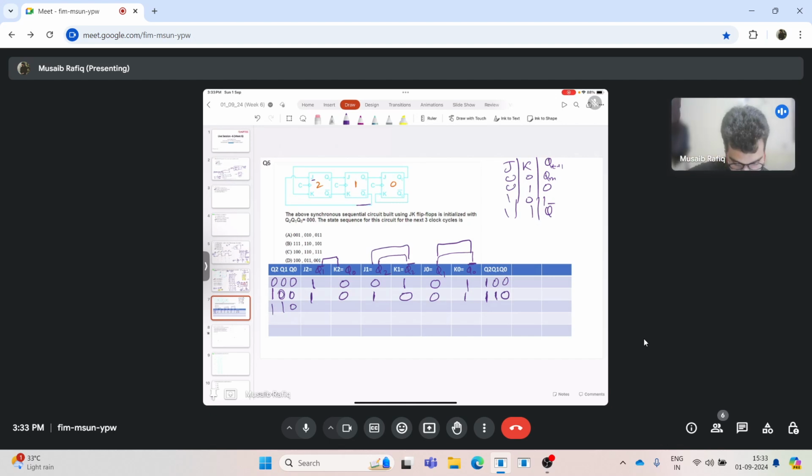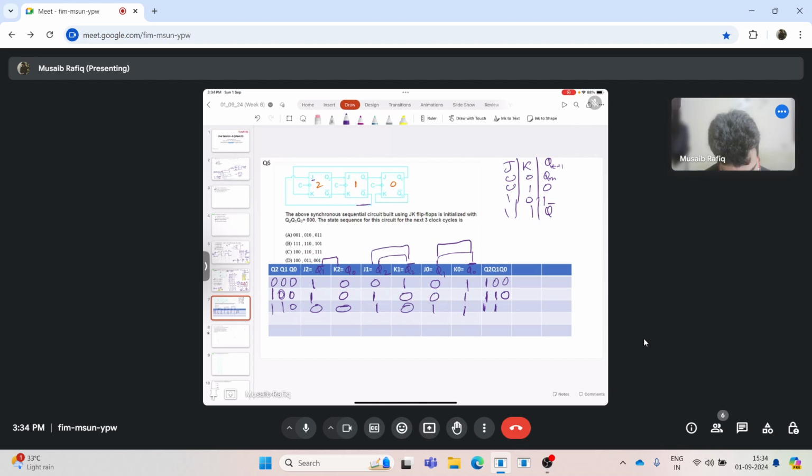J2 is Q1 bar, so it will be 0. K2 is Q0, so it is 0. J1 is equal to Q2. Q2 is 1. Q2 bar is 0. J0 equal to Q1, that is 1. Q0 bar is again 1. Right? Now 0, 0. So previous state will be maintained, that is 1. 1, 0.